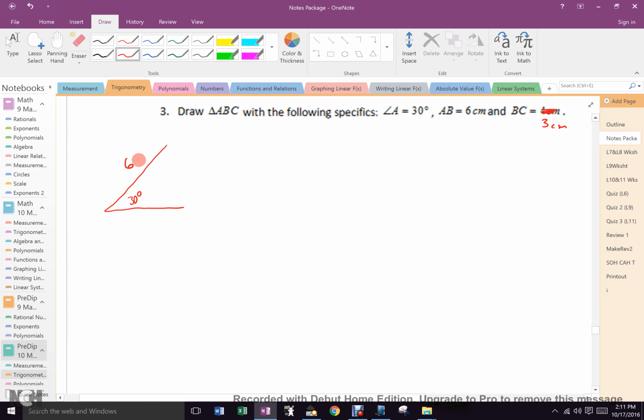Everybody cool? Which makes this A, this B, everybody good? Which makes this have to be C, correct? So we would draw this third line in. Now draw that dotted.